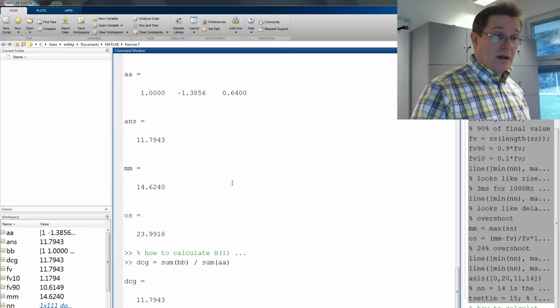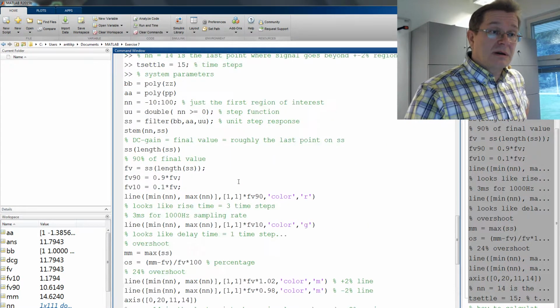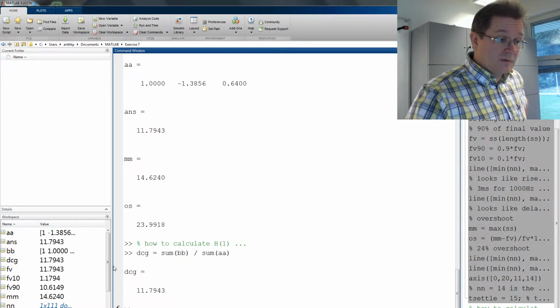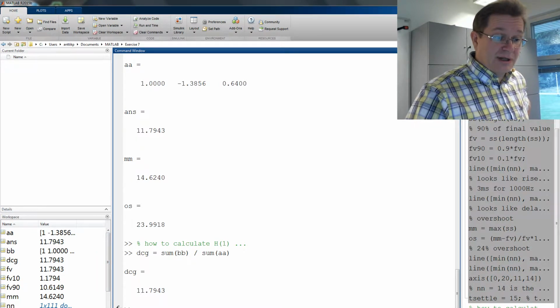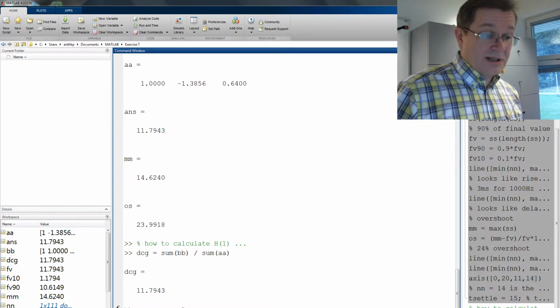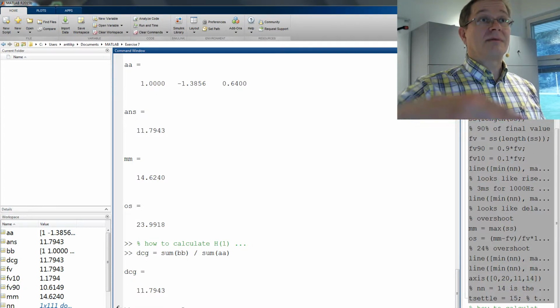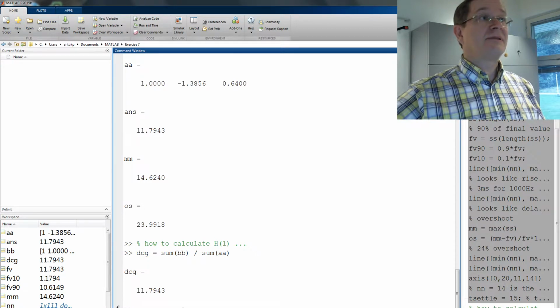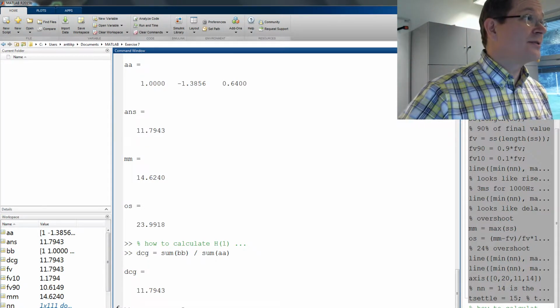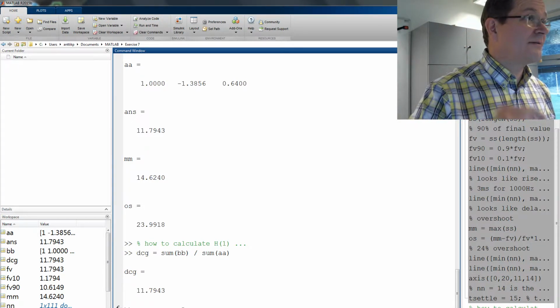11.7943, and how much did we calculate it in here? It was 11 point, well, it's quite the same, 11.7943. Let's see what the difference is between the rough brute force method and this final value theorem.